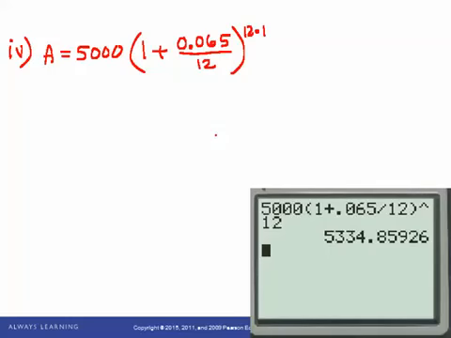All right, in this case, not much, huh? Because in the last one we had, oh sorry, we had $325, right? Now we have $334.86. So by making the money compound monthly as opposed to annually, we actually gained almost $10 per year.